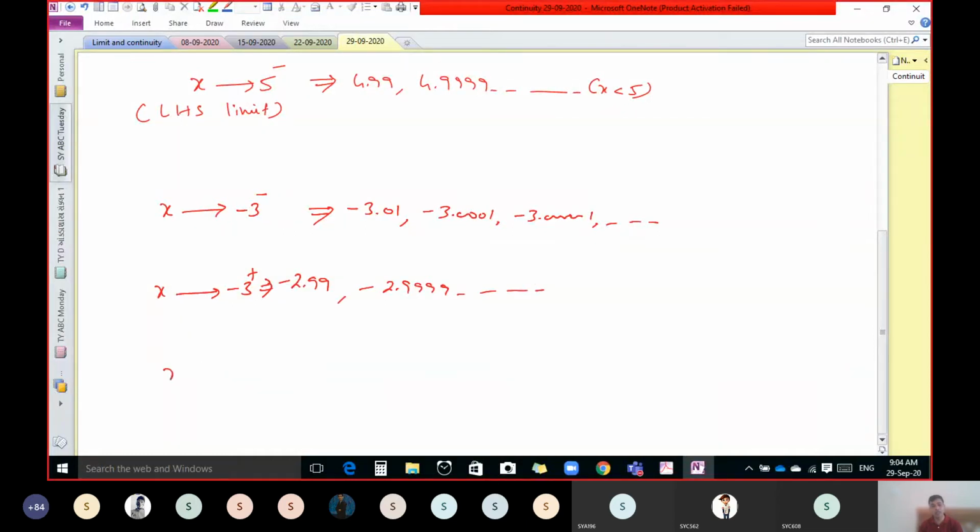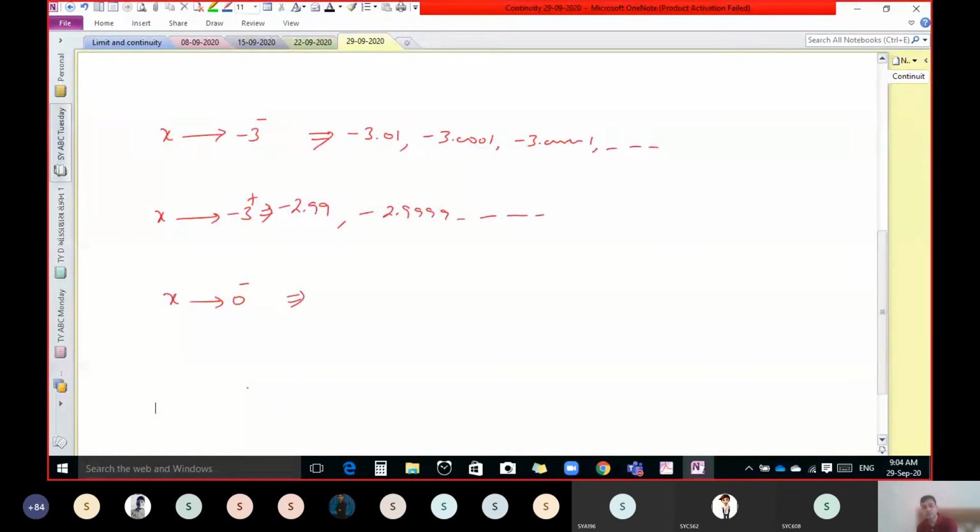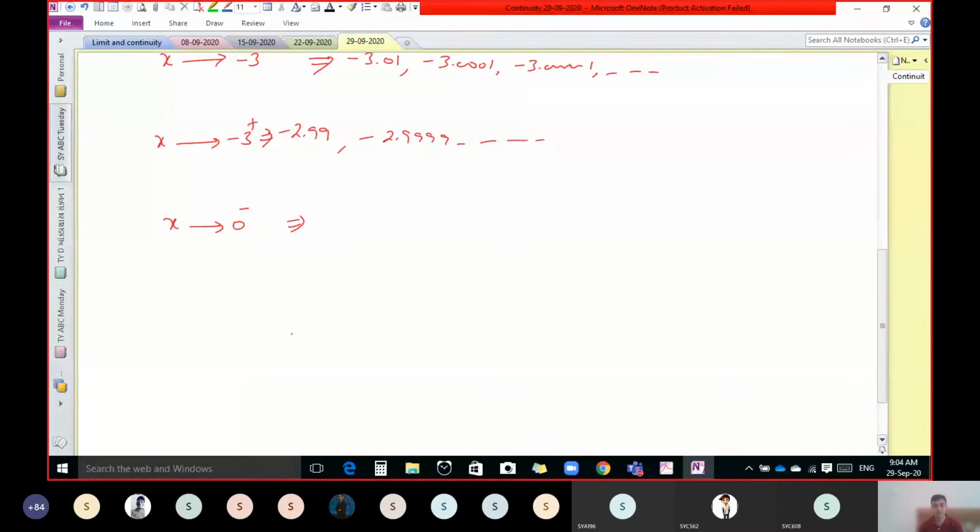Okay, can you tell me what is the meaning of x tends to 0 minus? Which are the possible values of x here? Minus 0.001, correct, or minus 0.0000001 like that.